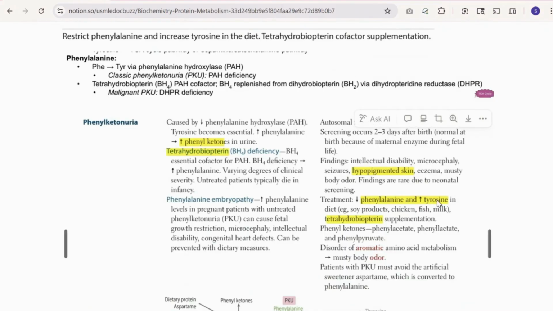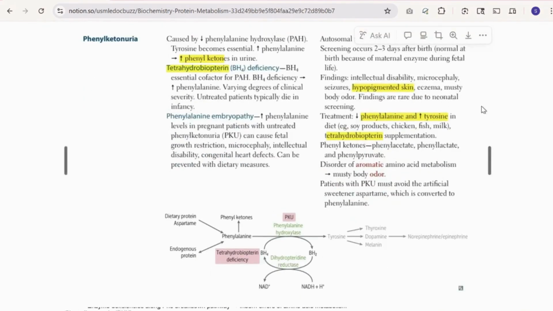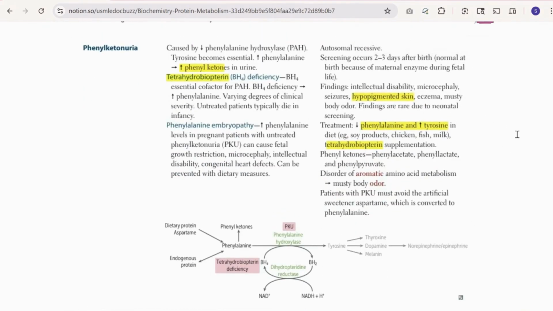Okay. What are the findings? All of this is related to major neurotransmitters not being formed, right? Skin is hypopigmented because you're not making probably serotonin, dopamine, all of that. No melatonin.